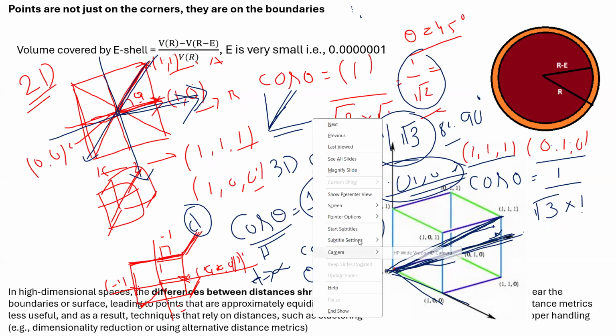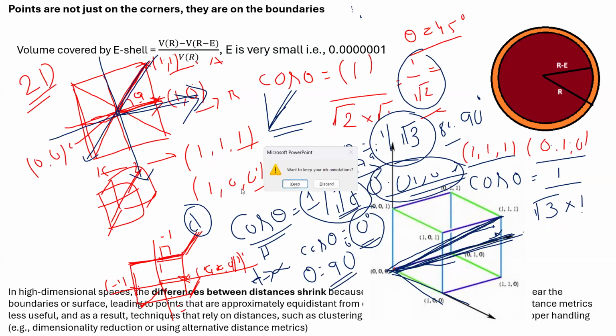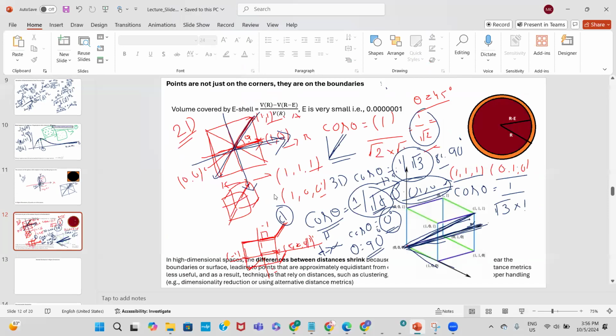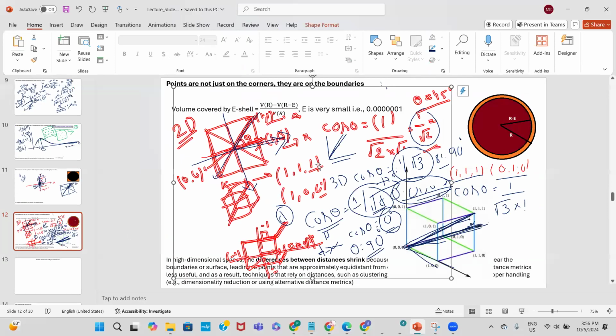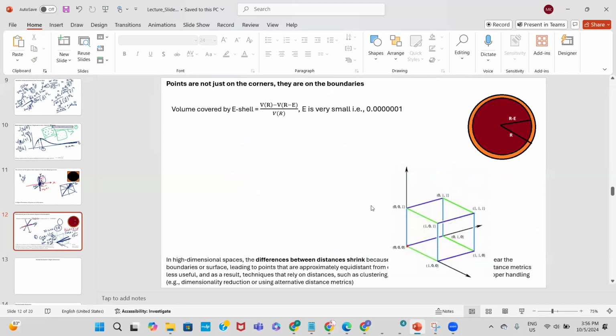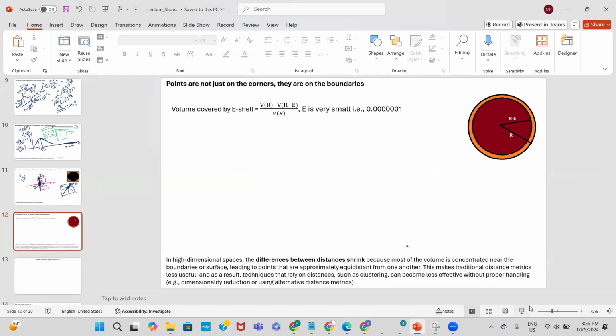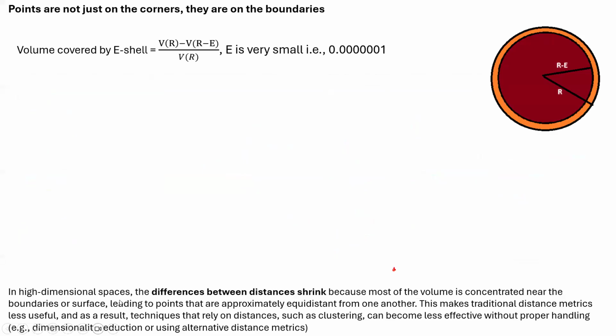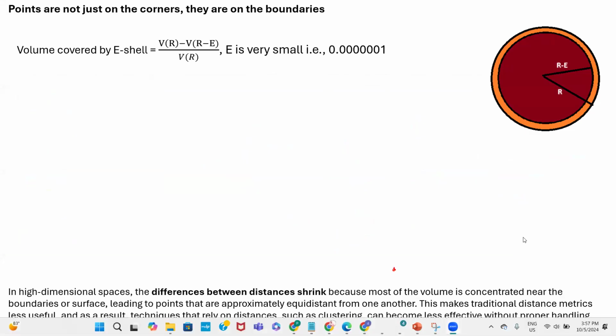So with all this in place, the only thing that we are coming down to is this point. In higher dimensional spaces, the difference between the distances shrinks, and we already have seen that.